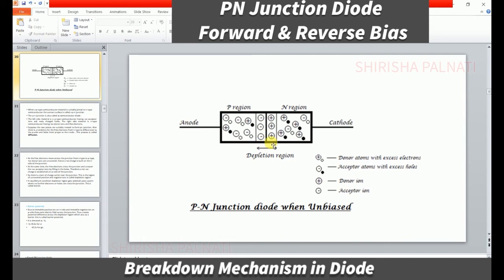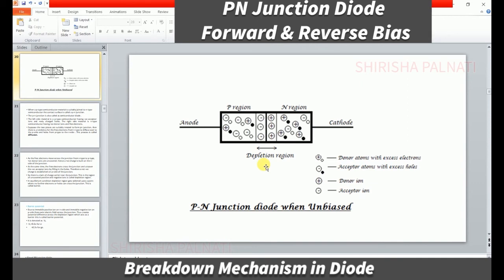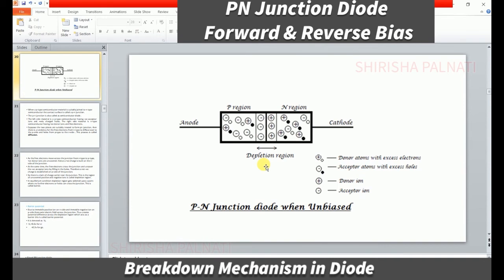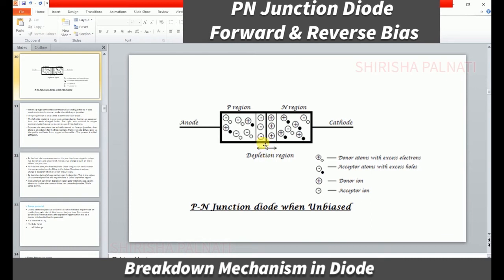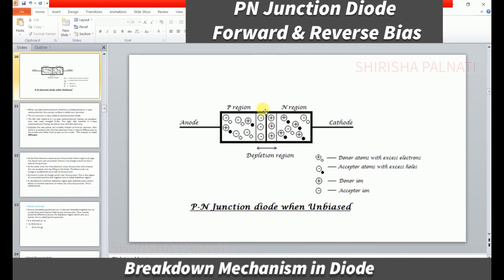The difference between the two potential charges is called the barrier potential. The barrier potential is denoted as V naught, Vf or Vr. So here some electric field is also present.